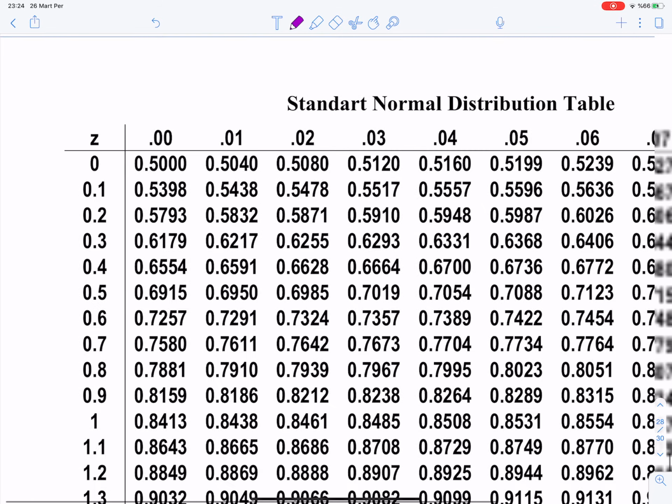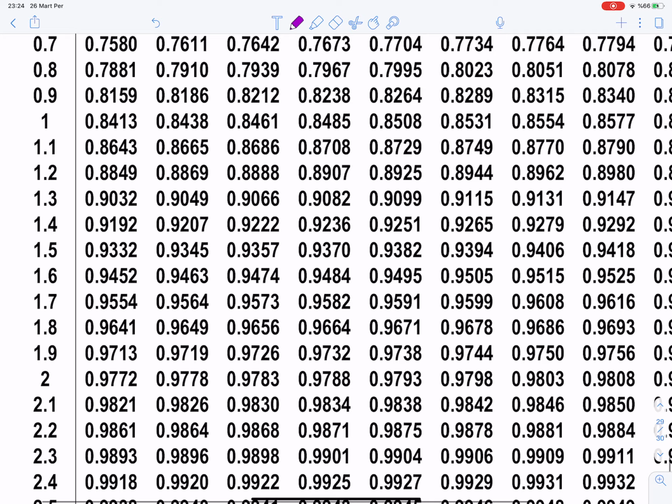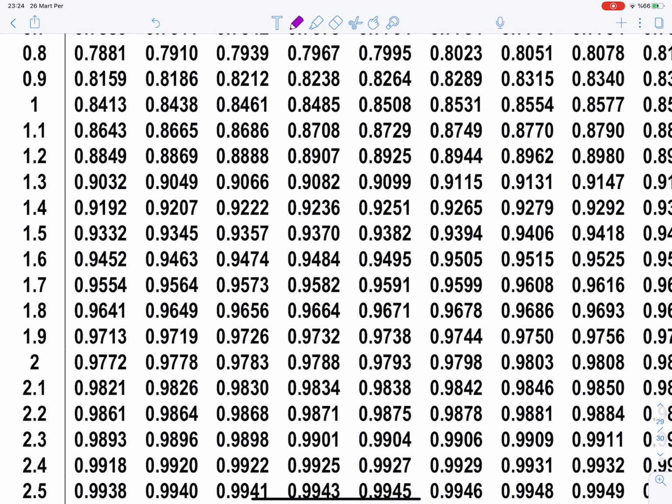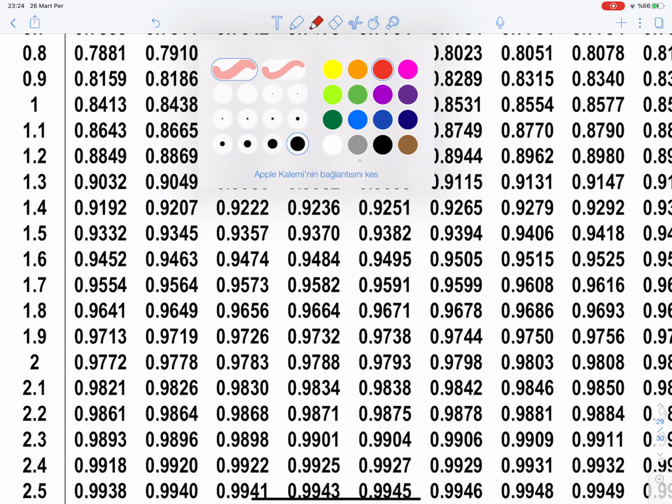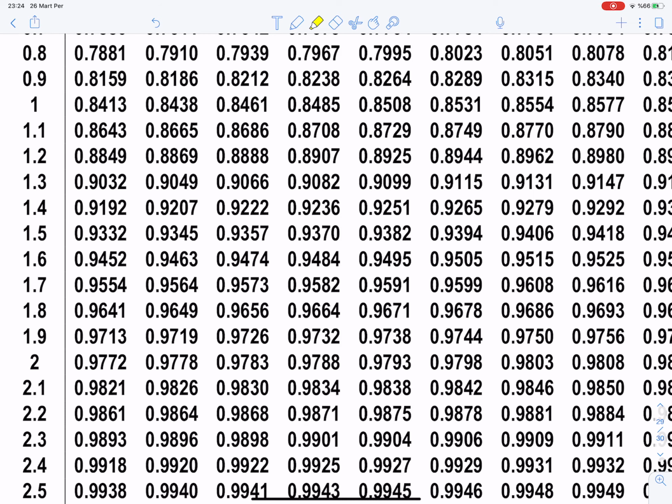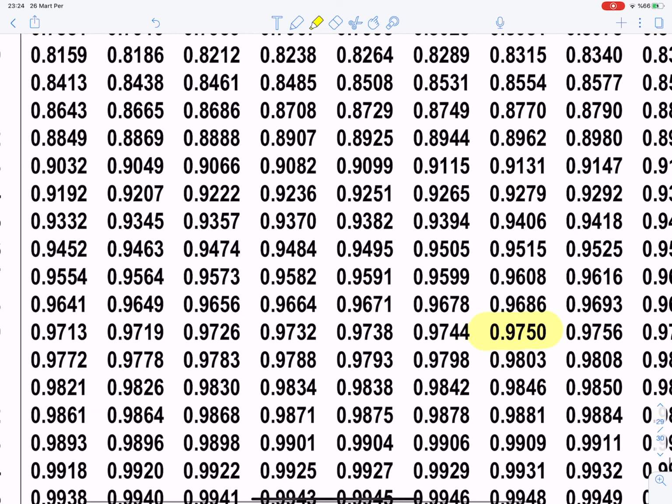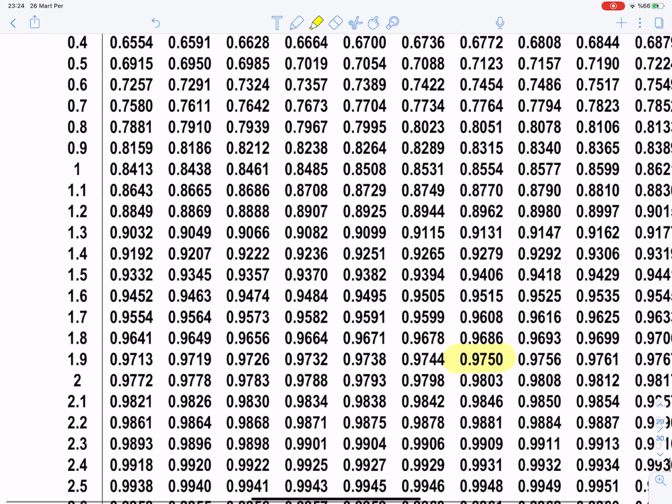If you go to 1.96, you'll realize that this is 0.975 in total.